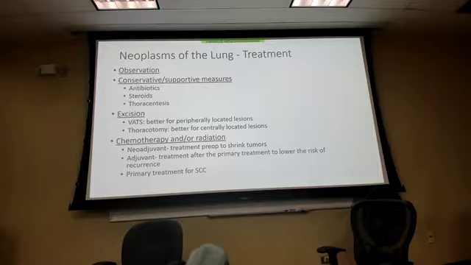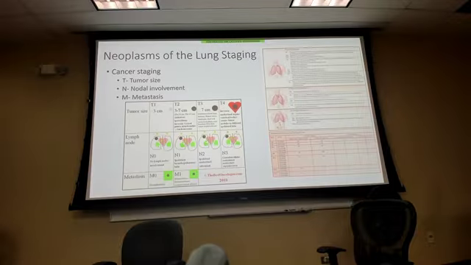But that's after. Adjuvant is after we already took it out, trying to prevent recurrence. Neoadjuvant is before, we're trying to shrink it so that it gets to a point where we can surgically remove it, okay? All right.